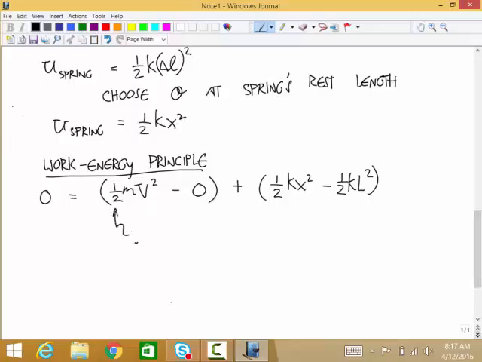So this is the kinetic energy at instant 2. This is the kinetic energy at instant 1, and that's when it's released. So instant 2 is when it's at location x.